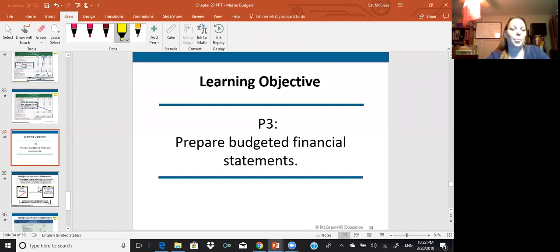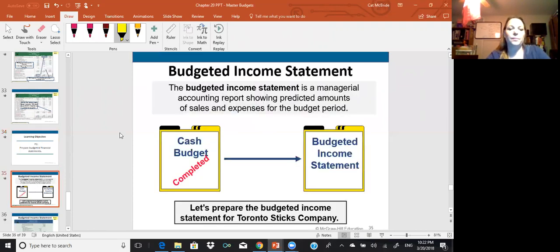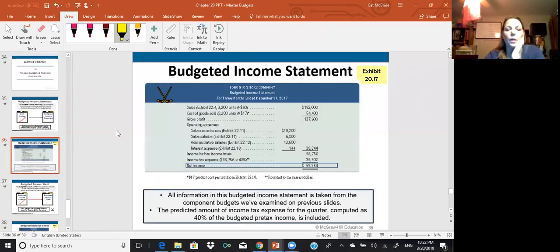So here's what we're going to do. For the income statement, we're going to use our sales. It's going to come from our sales budget. This comes from our materials budget. This is calculated.